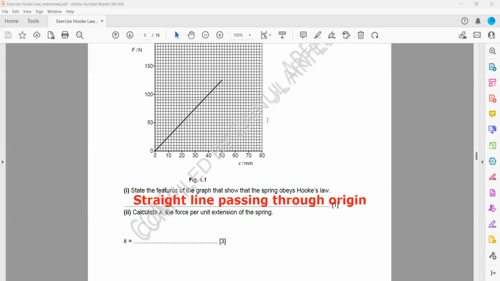If there was a graph between the force and the length, force on the y-axis and length on the x-axis, and the graph is not starting from the origin, then even though it's a straight line, we say it is not directly proportional. Why not? Even though it is a straight line, it is not starting from the origin. So for directly proportional quantities, it must be a straight line passing through the origin.